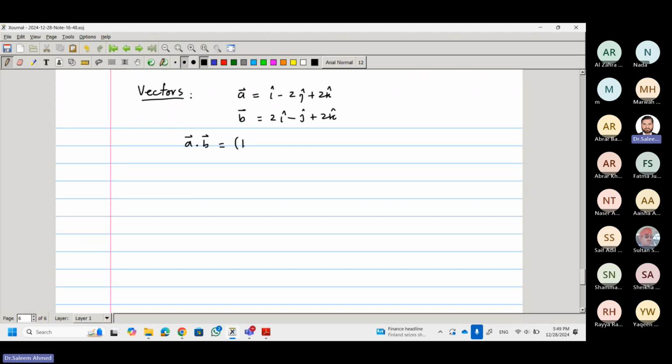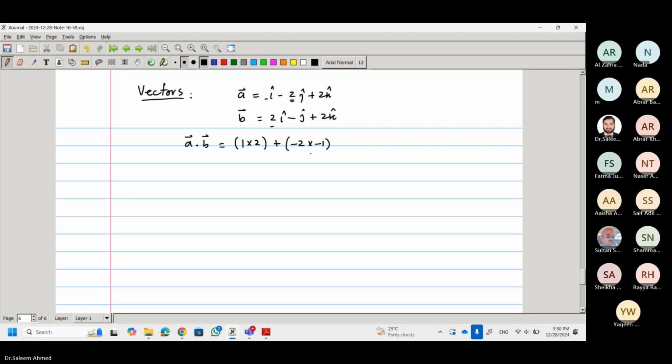So here you multiply 1 with 2, and plus, you multiply the j coefficients, and the third one is 2 with 2.